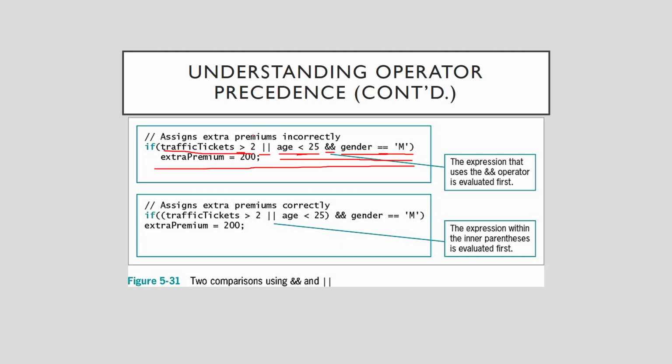If you want to process the logical OR first over the logical AND, you must put a pair of parentheses, just to make it clear that if either the traffic tickets are greater than 2 or age is less than 25, it's true, and it will be evaluated together with gender is equal to N. So extra premium is equal to 200.